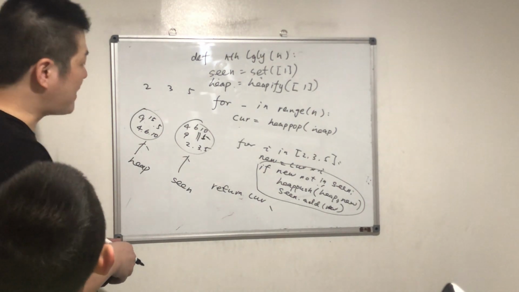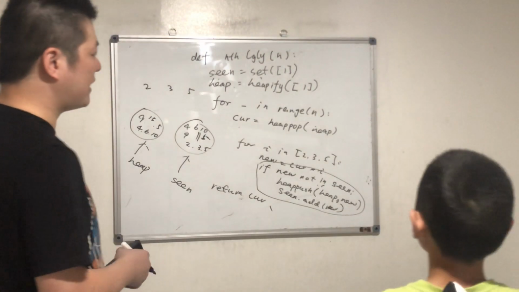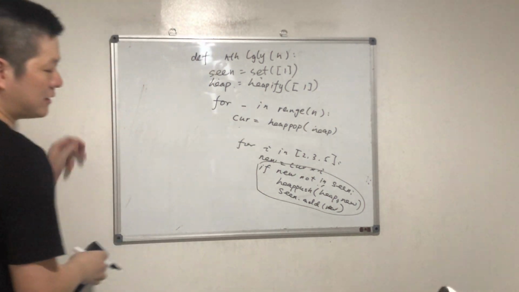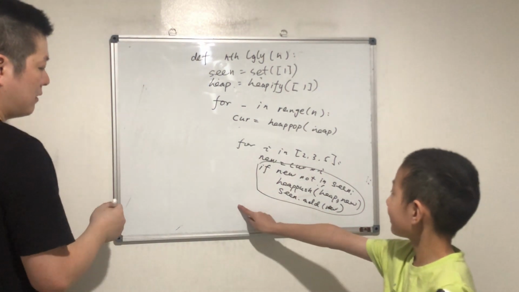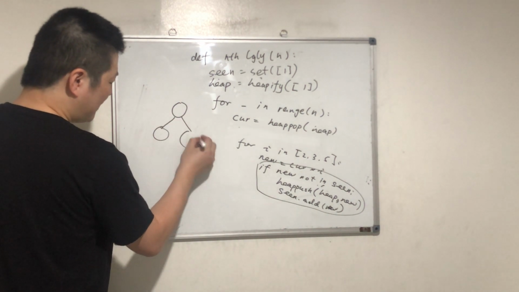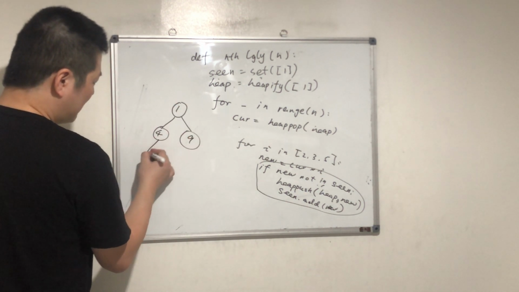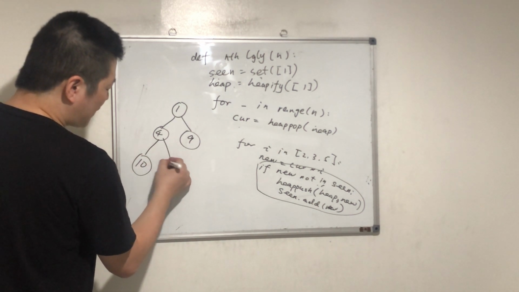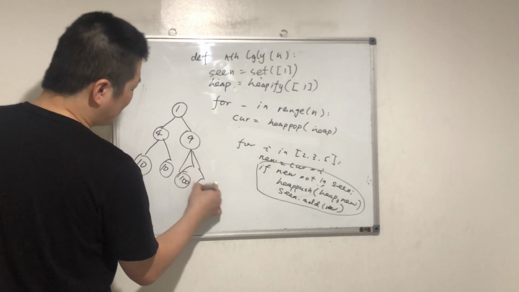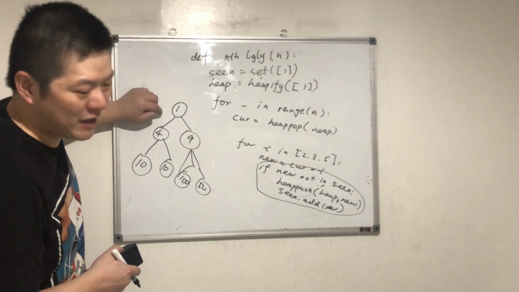Any questions? Heapify means turning the list into a heap. Do you still remember what a heap is? Remember, a heap is actually a tree. It's a data structure, a tree, where the root is always guaranteed to be the minimum or maximum.